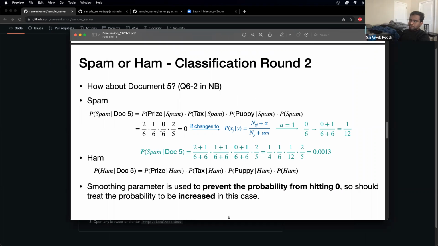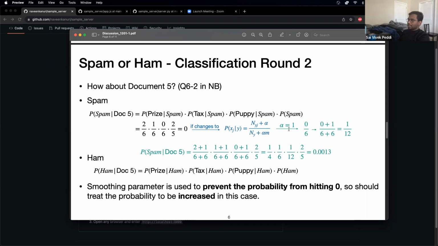Now, this is not a very accurate description of how this happens. So what we do is convert this into a different thing. Basically, what we have is 0 by 6.